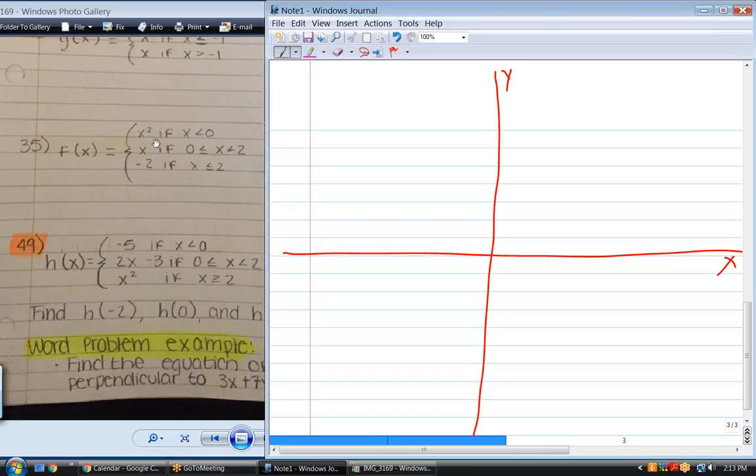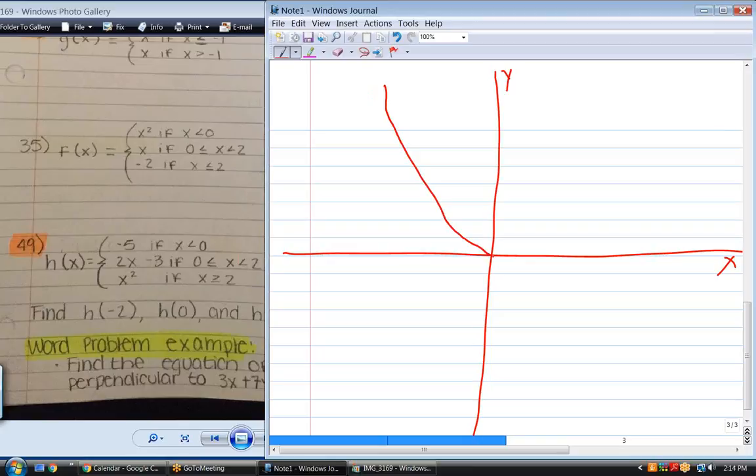X squared. Here's the function. Here's the domain. Or in other words, this is the horizontal axis. This is what the graph looks like. Well, what does y equal x squared look like? It's a parabola, with its vertex at 0. Okay, so I'm going to draw this thing like this.